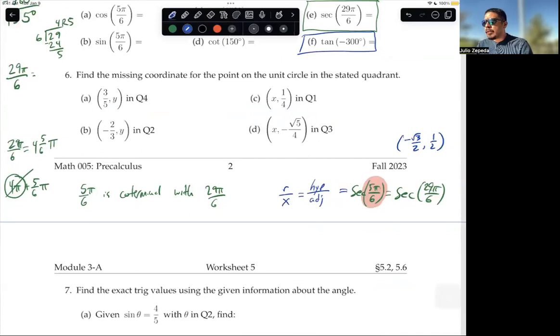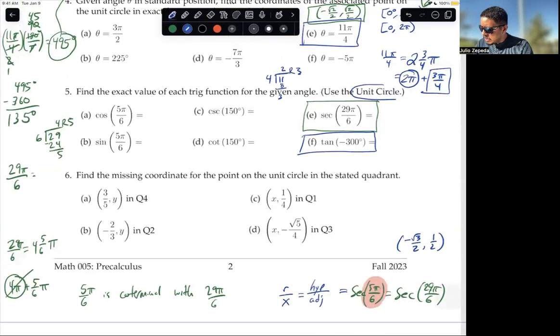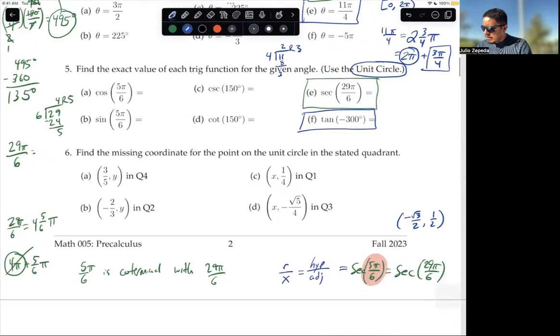And so we're going to do r over x. In this case, we are talking about the unit circle. And so the values of x and y are given. The value of r is also given because we're getting this point from the unit circle. R has a value of 1. And so we can just plug in. R is 1.